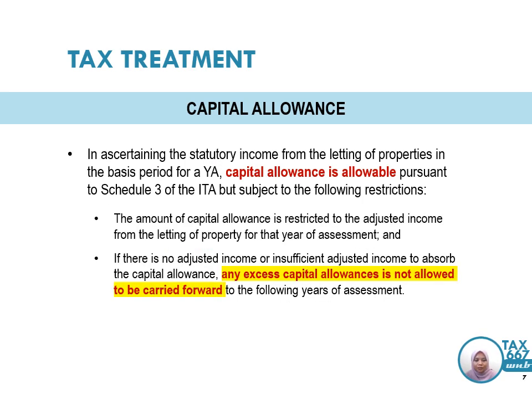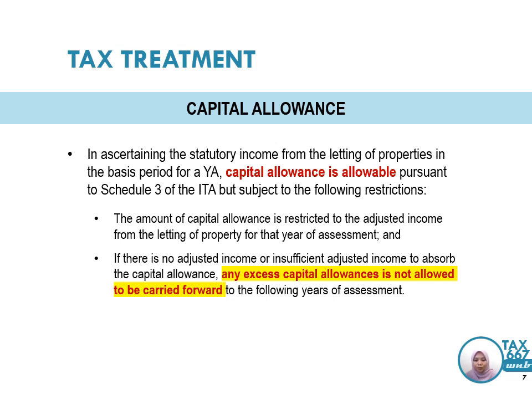Okay, next kita tengok capital allowance. So, capital allowance is allowable, sama macam treatment untuk bisnes lain. Boleh tolak capital allowance. However, the amount of capital allowance is restricted to the adjusted income from the letting of property for that YA only.